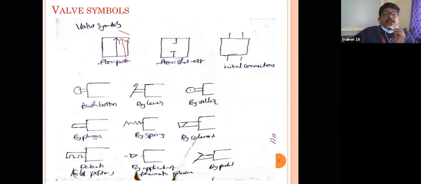Remember this point. Then see here, this is a flow path. This indicates that the flow takes place. For example, here some arrangement, maybe some hydraulic supply or compressed air supply.